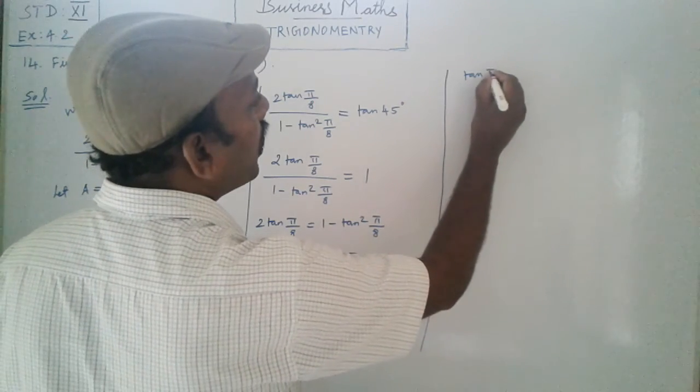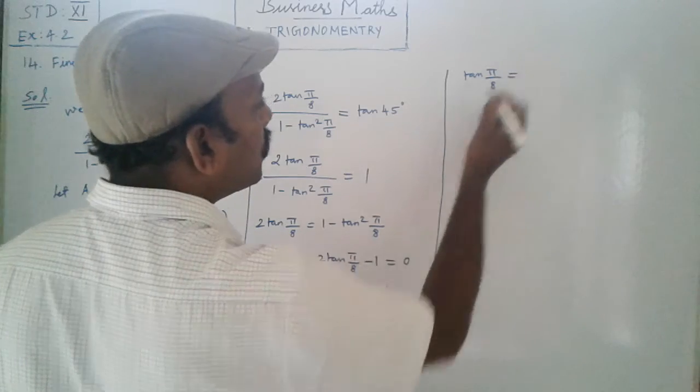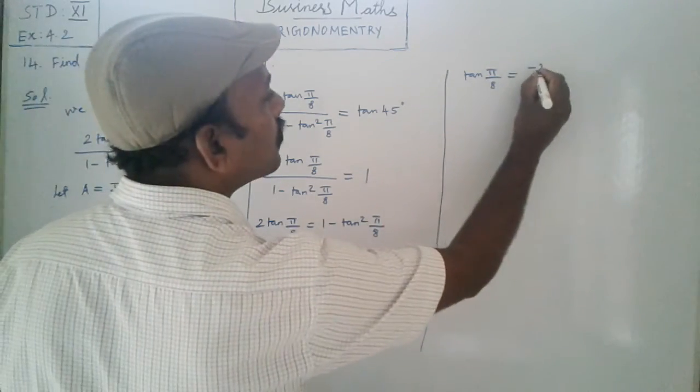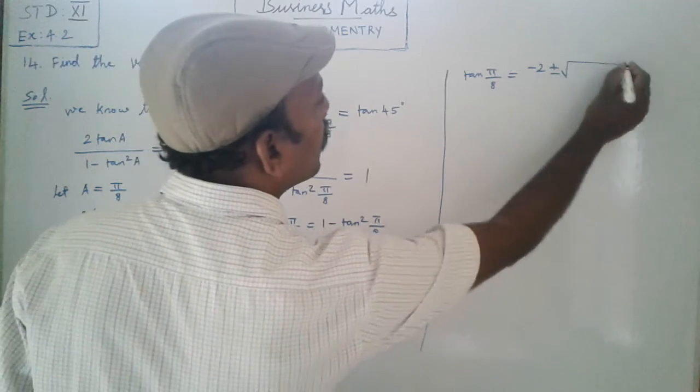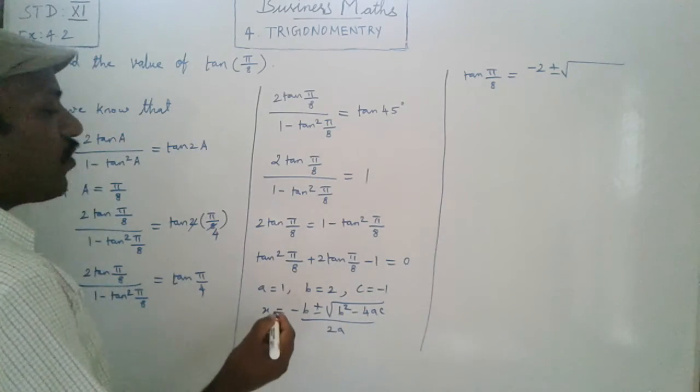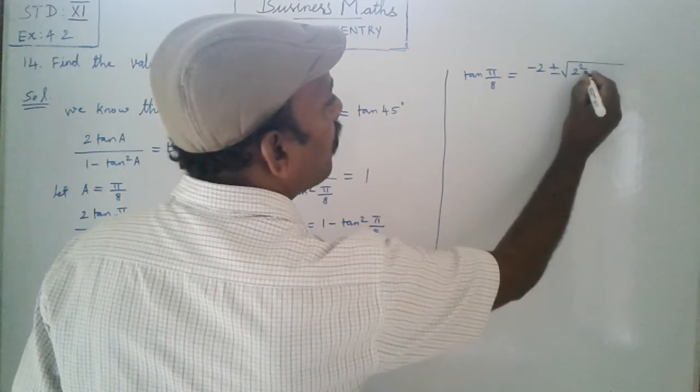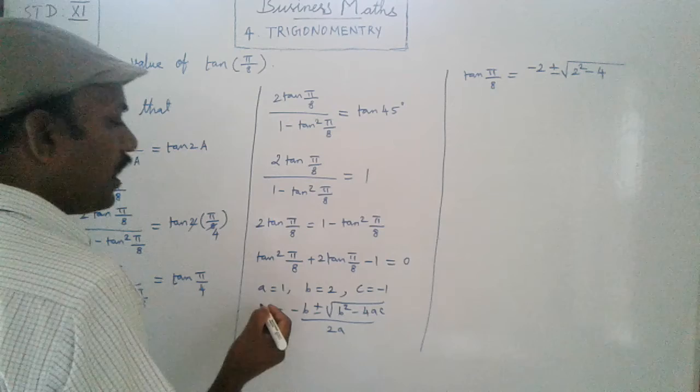Tan pi by 8 equal to minus b plus or minus root of b square minus 4ac. B is 2, so 2 square minus 4 into a into c.